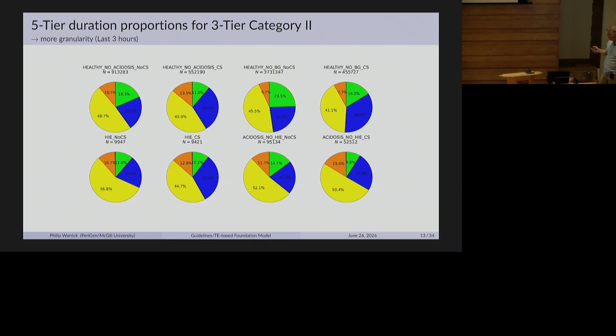And this shows that indeed the 5-tier does stretch out the spectrum. So you have even green. I wasn't expecting this much green, but that shows that the 3 and the 5 tier do have some disparities in their categorization, and that's something that I'd like to look at more carefully.